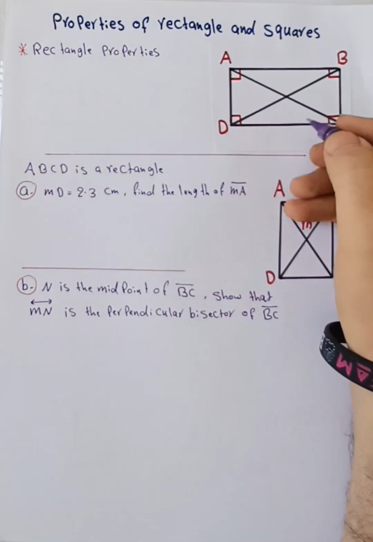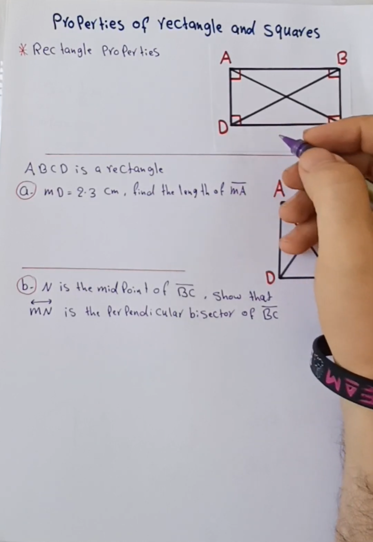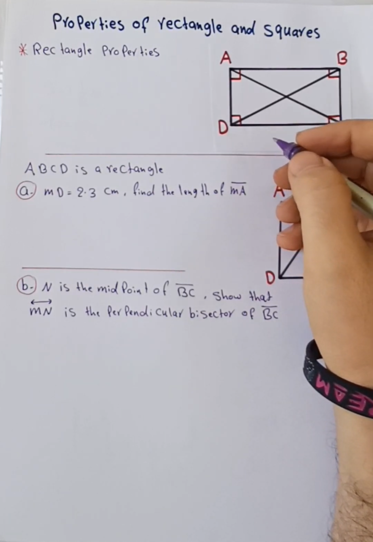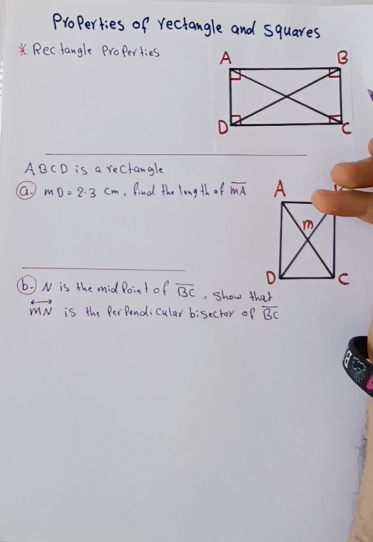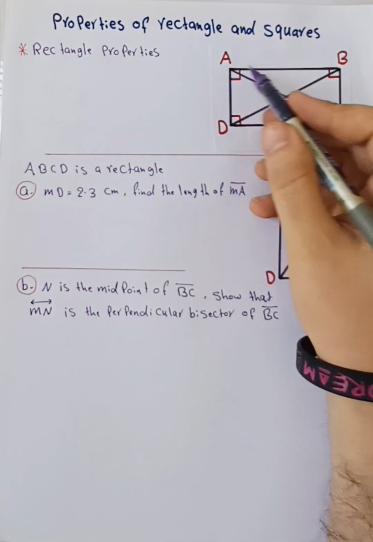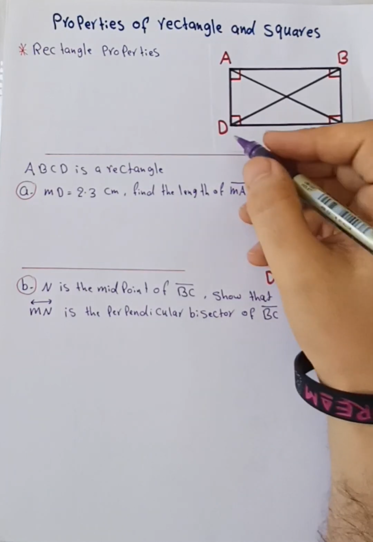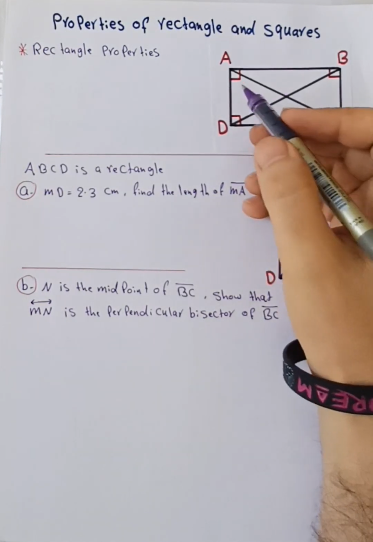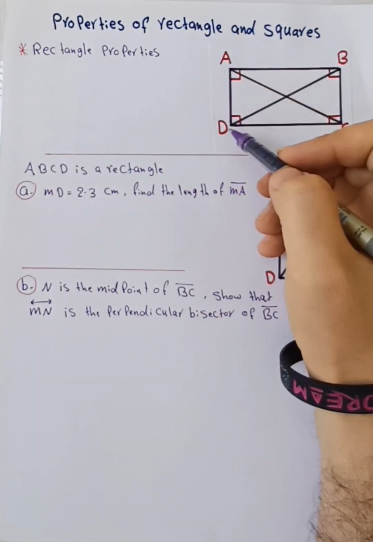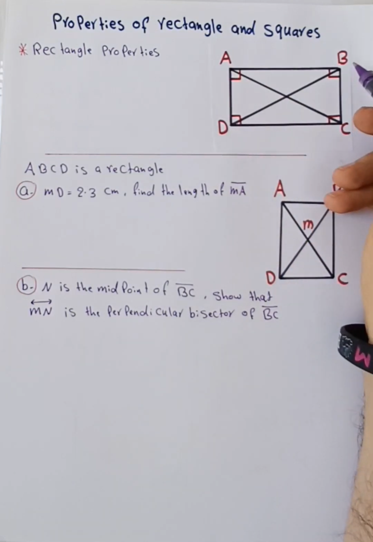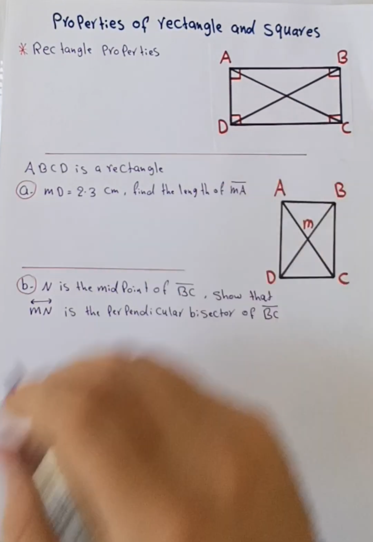This is the rectangle, and the first property is opposite sides are congruent. It means the length of AB is equal to the length of DC, or the length of AD is equal to the length of BC.